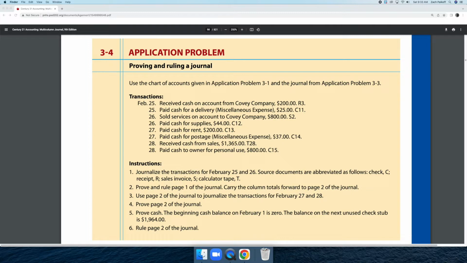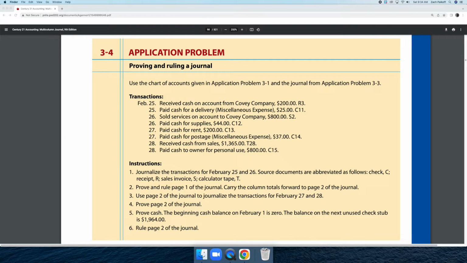Number 2 is asking us to prove and rule page 1 of the journal and to carry the column totals forward to page 2 of the journal. Number 3 is asking us to use page 2 of the journal to journalize the transactions for February 27th and 28th. Number 4 is asking us to prove page 2 of the journal.